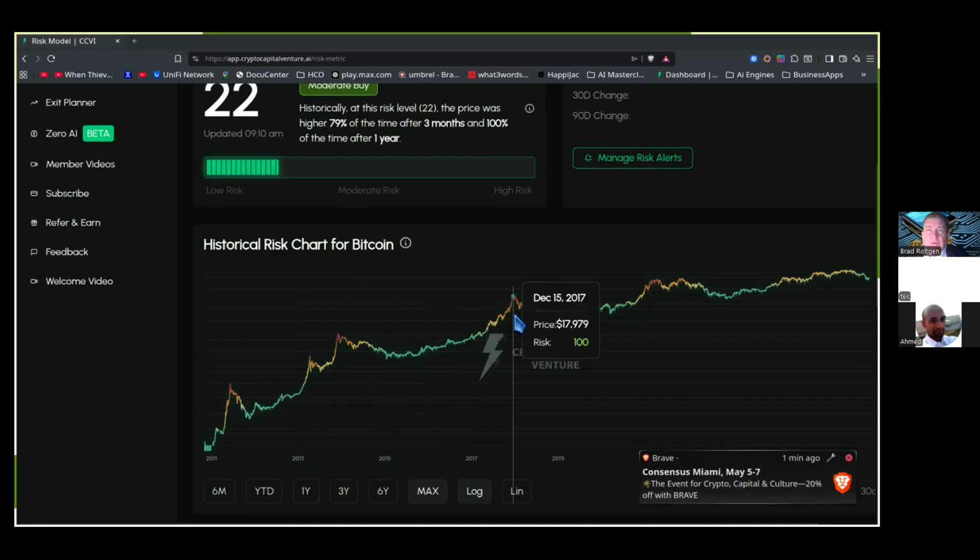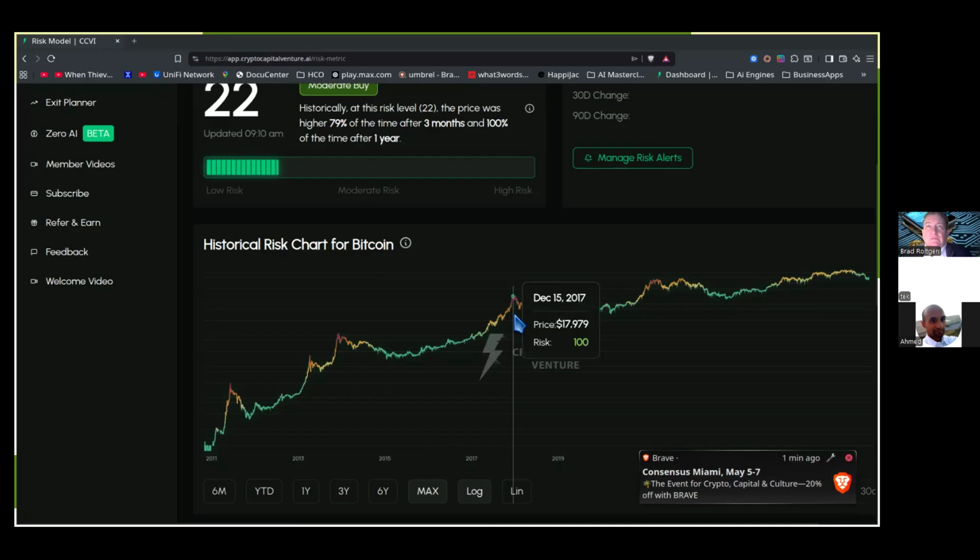That was December 15th, 2017. And the price was 17,979. But in some cases, it actually does hit a risk model of 70.